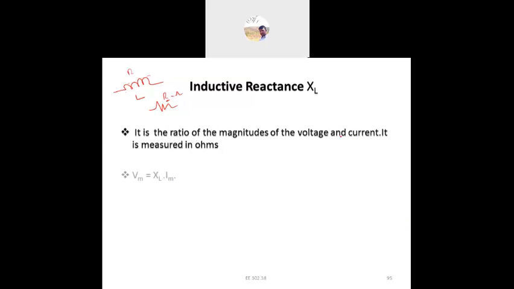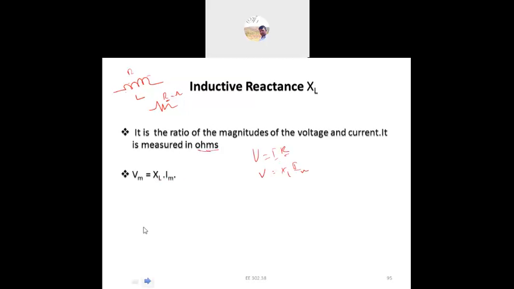It is measured in ohms. Okay, Vm is equal to XL Im. Similarly, for V is equal to IR, right? So here also V is equal to XL times I, where it is X and not R. That is simple.